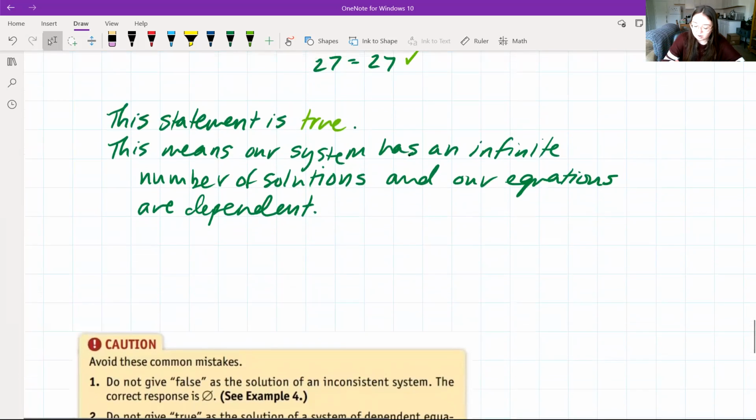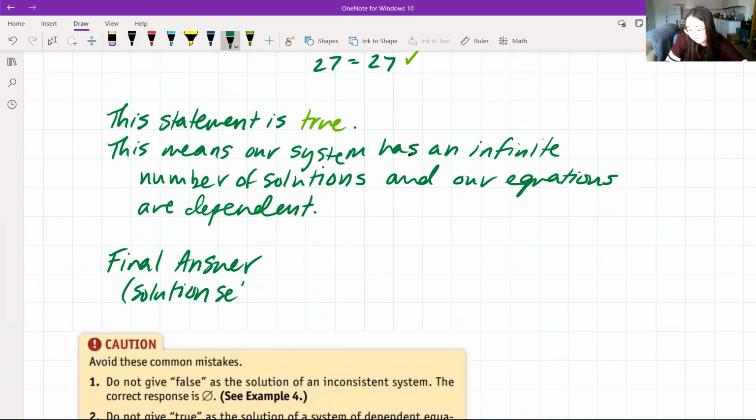So when we want to write our final answer, which is our solution set, when we have this case where we have the same line, we're actually going to write our solution set in set builder notation. And how we're going to write this is that we're going to say x comma y.